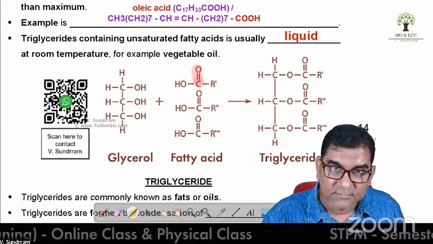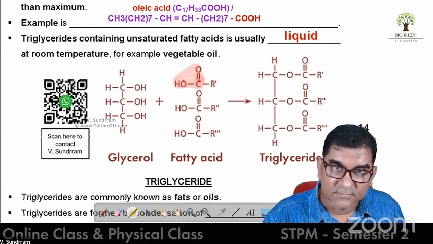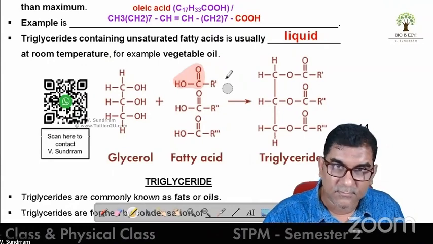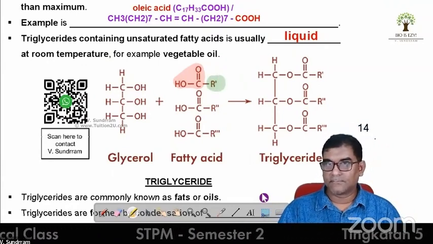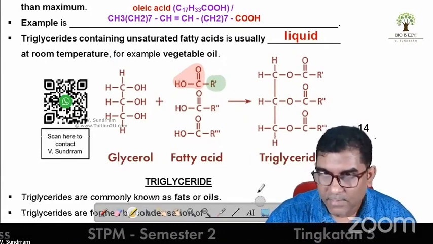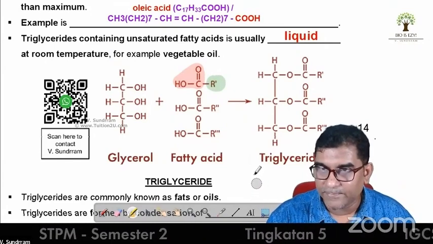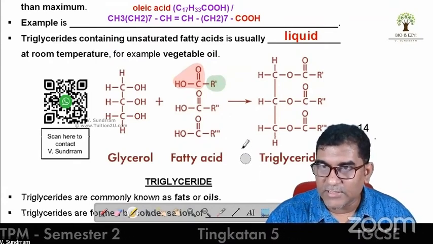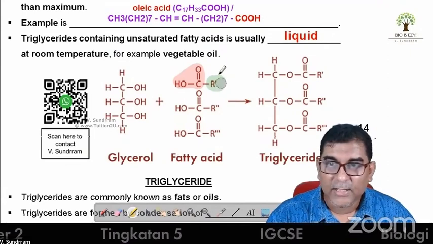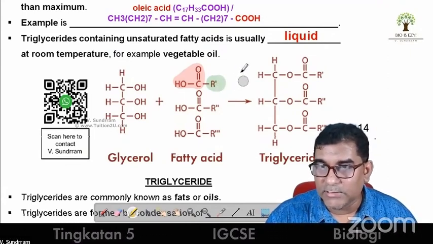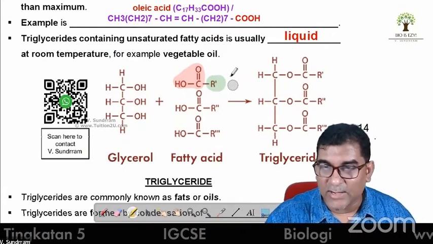So what does the R represent? What's the name? Not functional group. Functional group is the carboxylic group. You don't write the R group. Obviously it's R group. The R group represents what?